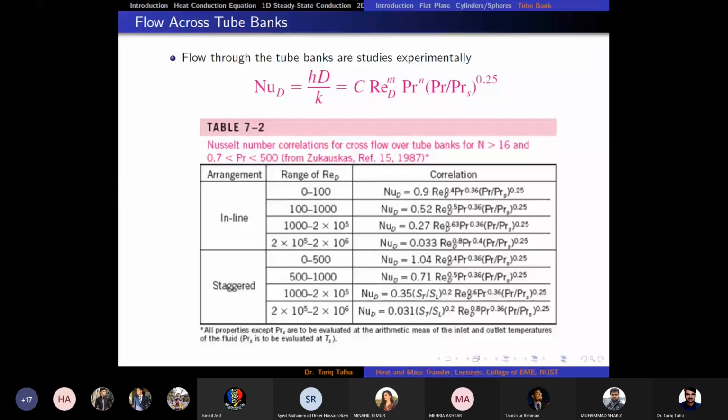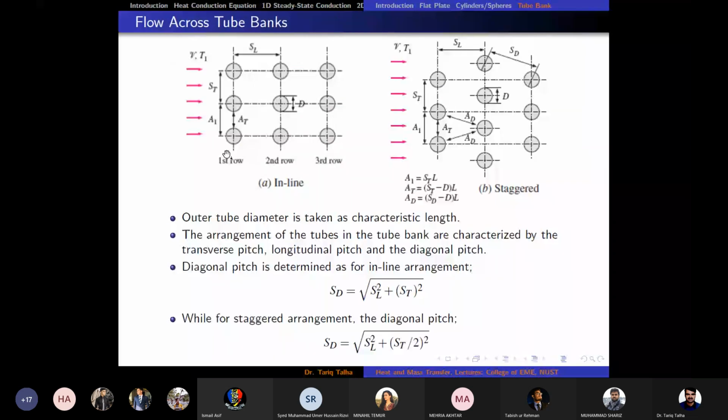Okay. But if you look at the caption of this, Nusselt number correlation for cross flow over tube banks for N greater than 16. N is the number of tubes in the longitudinal direction, and longitudinal direction means the flow direction. It means that these relations are only applicable if we have 16 tubes.